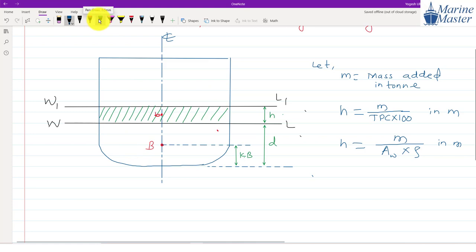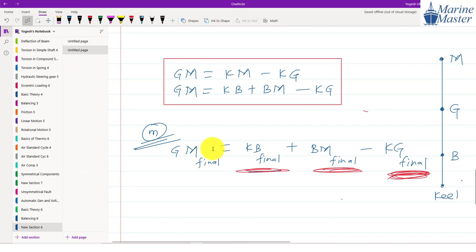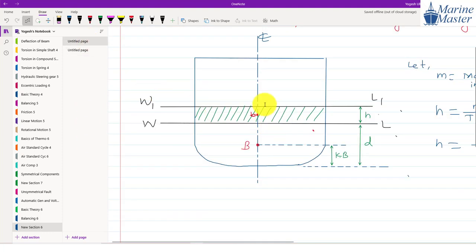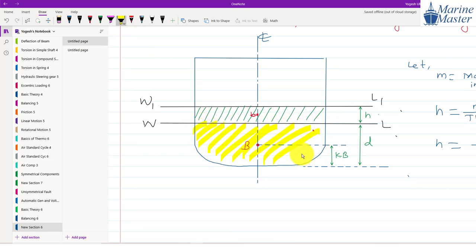So now, a few minutes before, we have seen how to calculate any centroid, meaning the overall centroid. Guys, here this figure consists of two centroids. Observe: for this yellow portion, the centroid is B, and for this green portion, the centroid is small b.